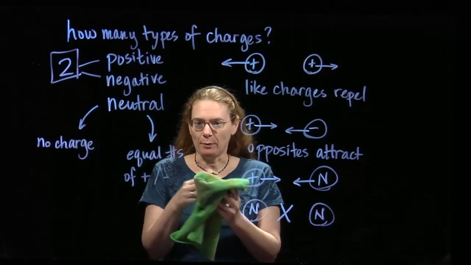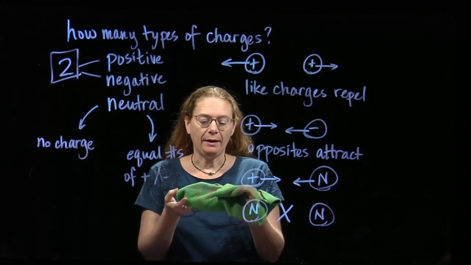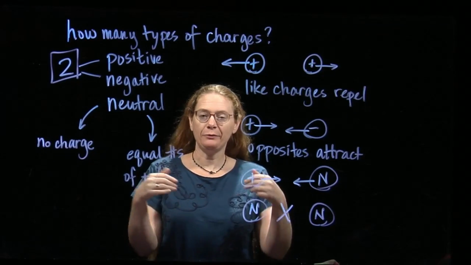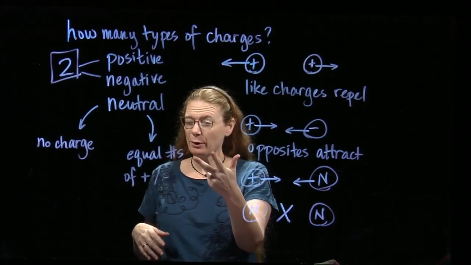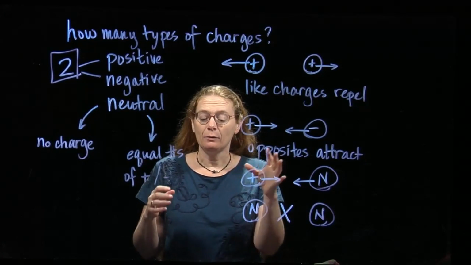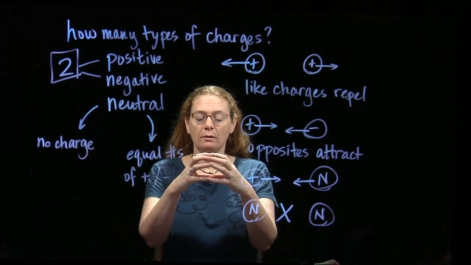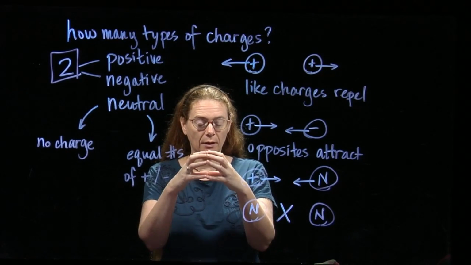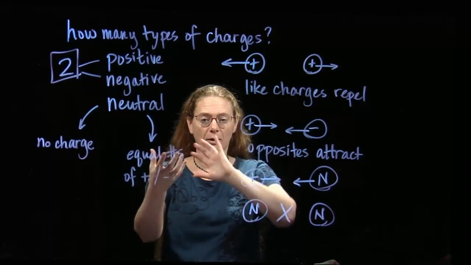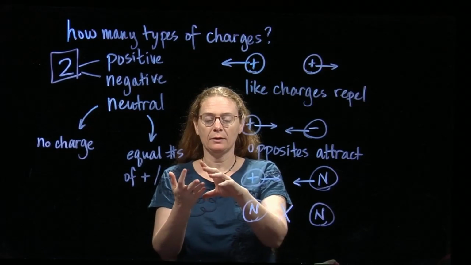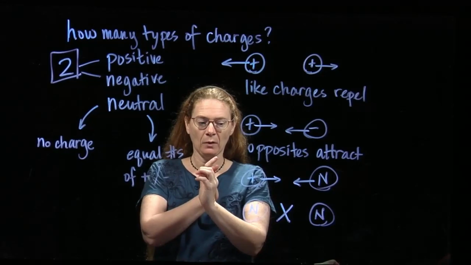So this is made up of the molecules that make up cotton, and the molecules are made up of atoms. What are atoms made up of? There are three parts to an atom. In the middle of the atom, in the core, we've got protons and neutrons, and then we've got the electron cloud all around it. So protons, neutrons, and electrons.